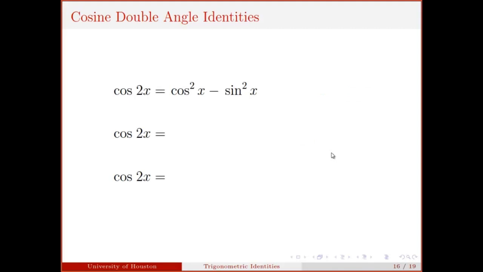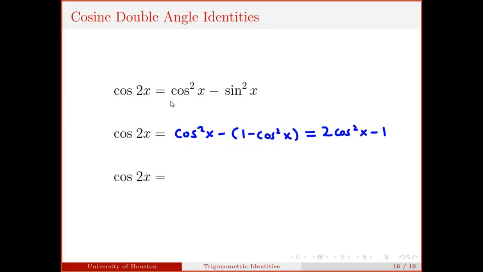Using the Pythagorean identities, we can also find other double angle identities for cosine. First, if we replace sine squared x with 1 minus cosine squared x, we get that cosine 2x equals cosine squared x minus (1 minus cosine squared x), which simplifies to give us 2 cosine squared x minus 1.